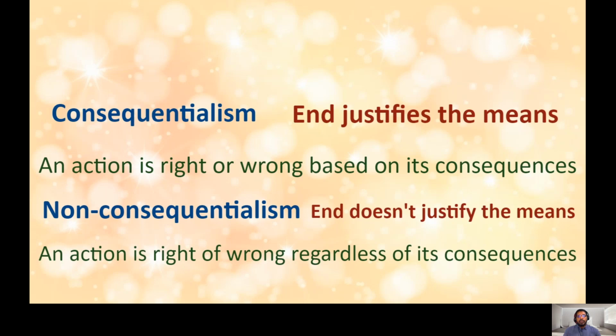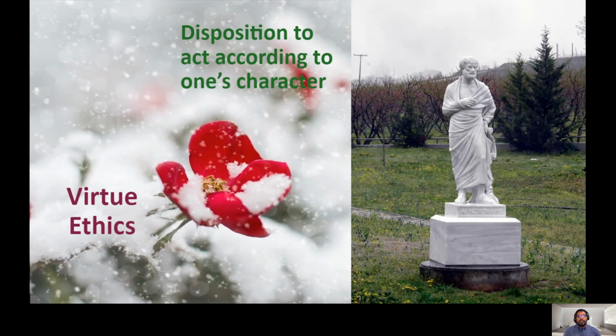Today we shall only focus on the schools of consequentialism. Consequentialism has 2 other schools within it. But before we proceed to that, apart from consequentialism and non-consequentialism, we also have what is known as virtue ethics in normative ethics.